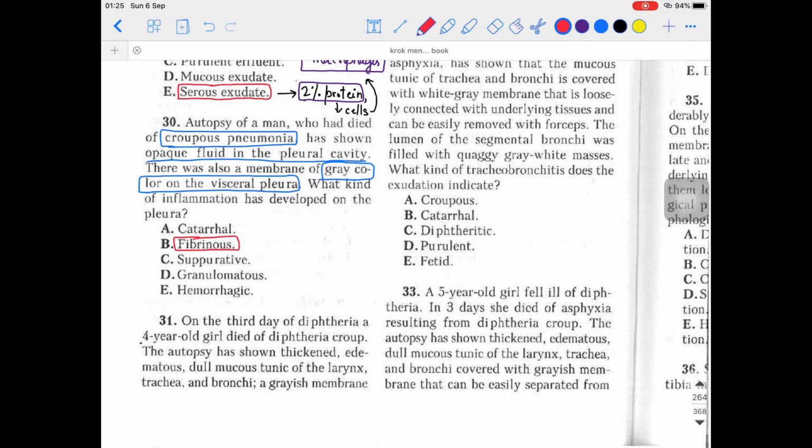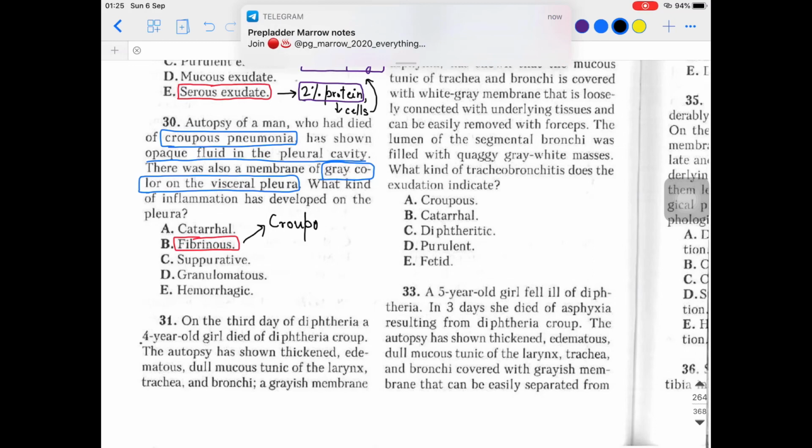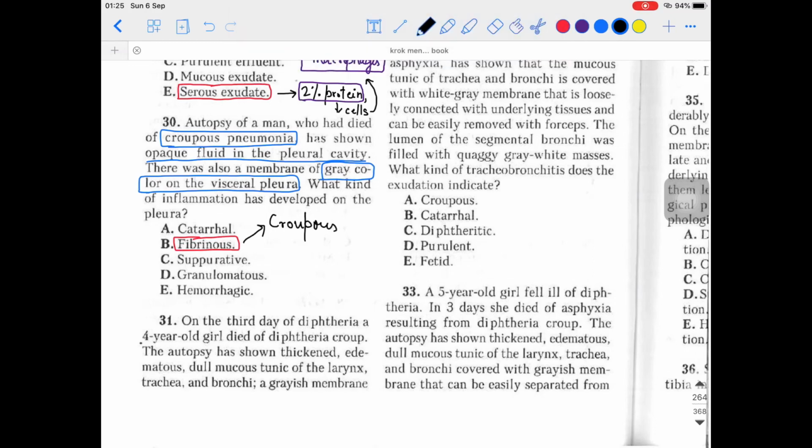So for that, do I need to know the types of fibrinous inflammation? Exactly, you need to know the types of fibrinous inflammation. And what are the types? Let me tell you. Fibrinous inflammation has two types. They are the Croup inflammation, and there can be the diphtheric fibrinous inflammation.